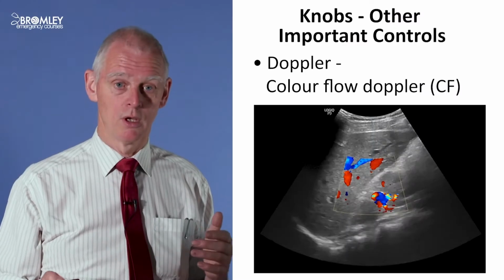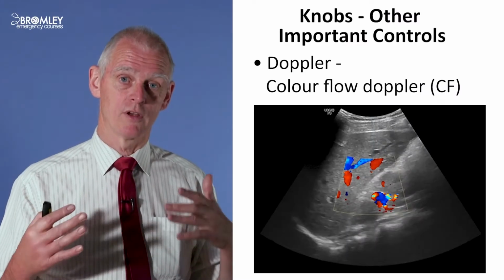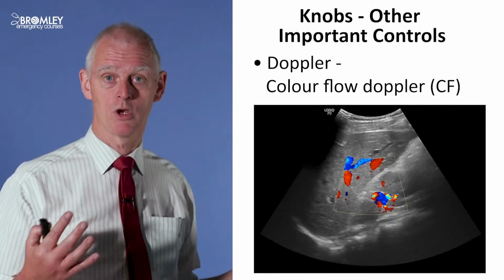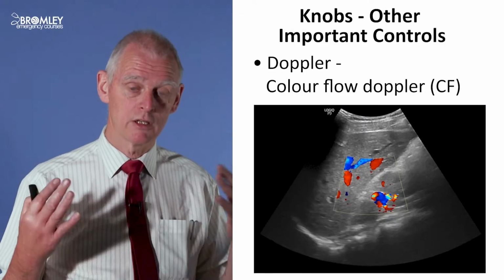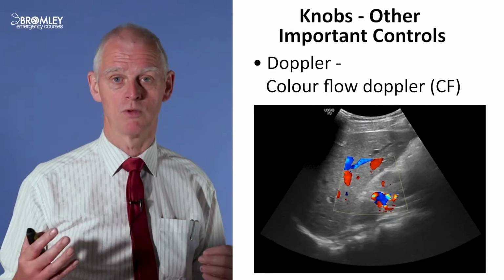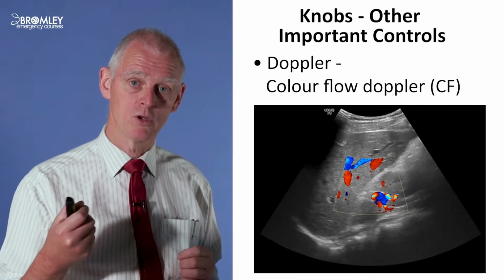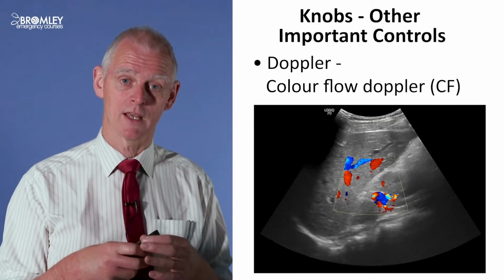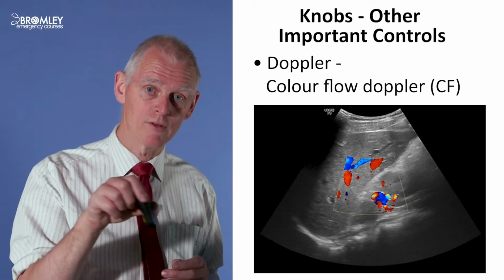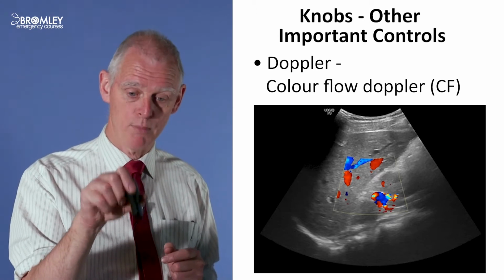And the computer is able to extract that information, that shift in frequency, and there are various ways in which it can display that information. We tend to think of colour flow as the most common one, but if you think back to clinical work, for example in patients with vascular disease, we often use Doppler probes there. So we take a probe, we put it on the foot looking for the dorsalis pedis pulse.